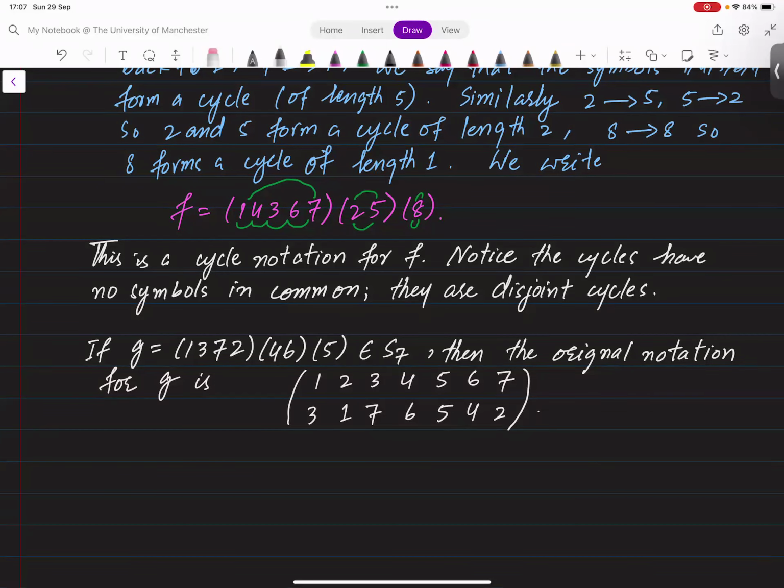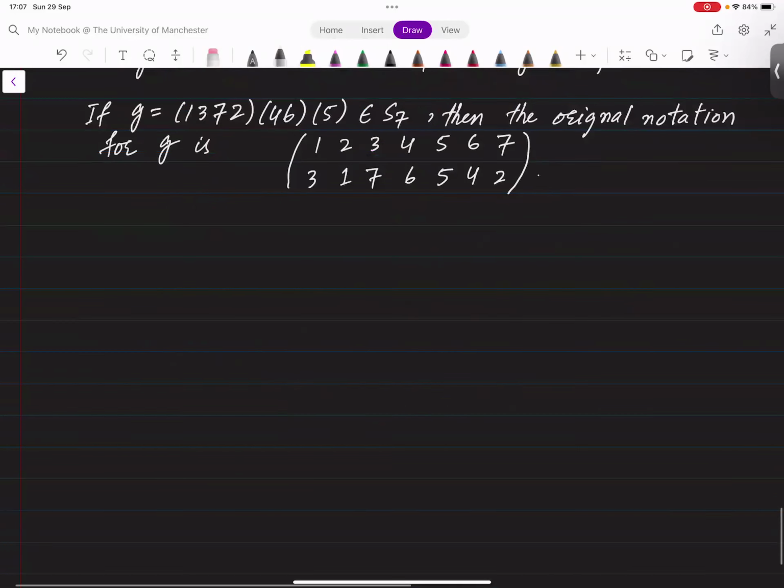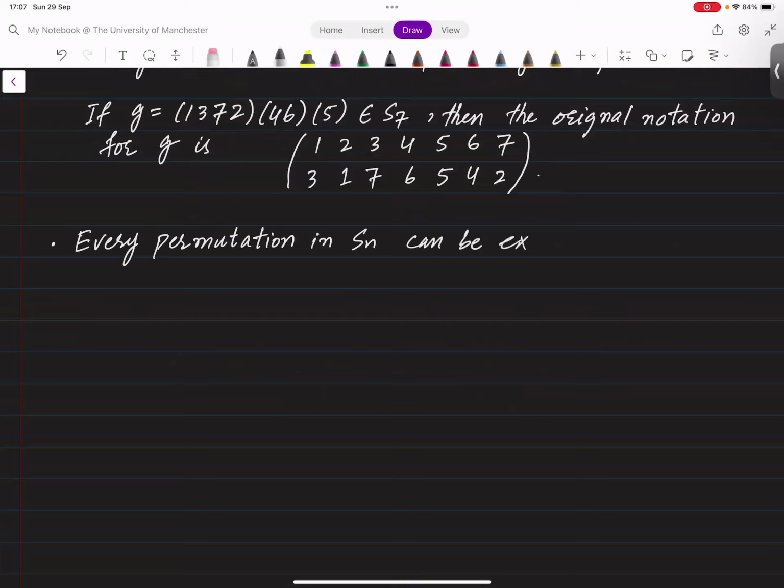Now, every permutation in the set Sn can be expressed in cycle notation. Here is the procedure for doing this.